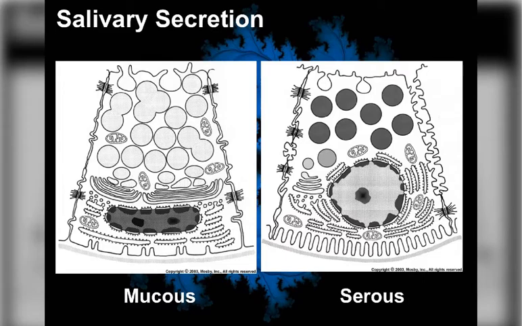The secretory vesicles here are called zymogen granules because they contain the zymogens, and you know zymogens are proenzymes. So when they are cleaved, they become enzymes. They are proteins, but they are not highly glycosylated proteins.